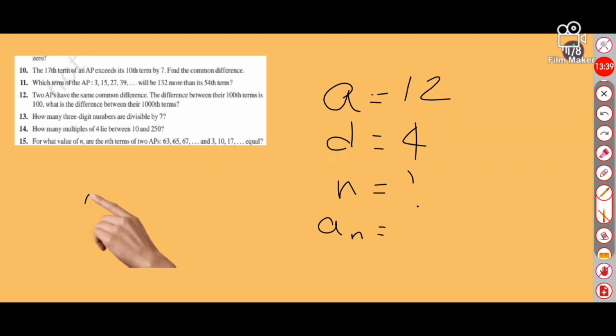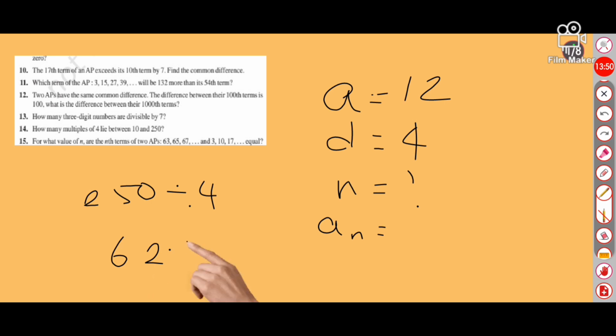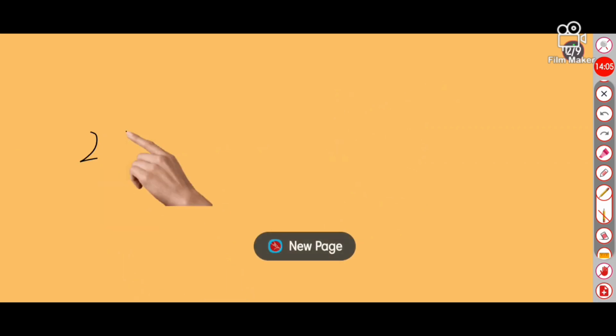250: when you divide 250 by 4, you get 62 and the remainder is 2, right? So subtracting 2 from 250, you get 248.